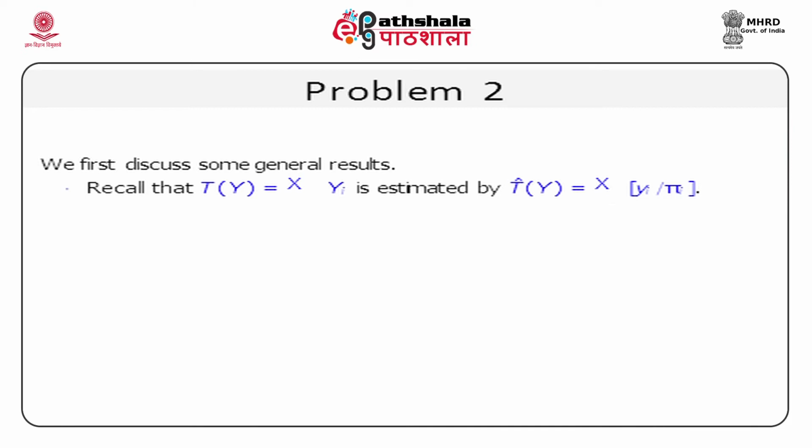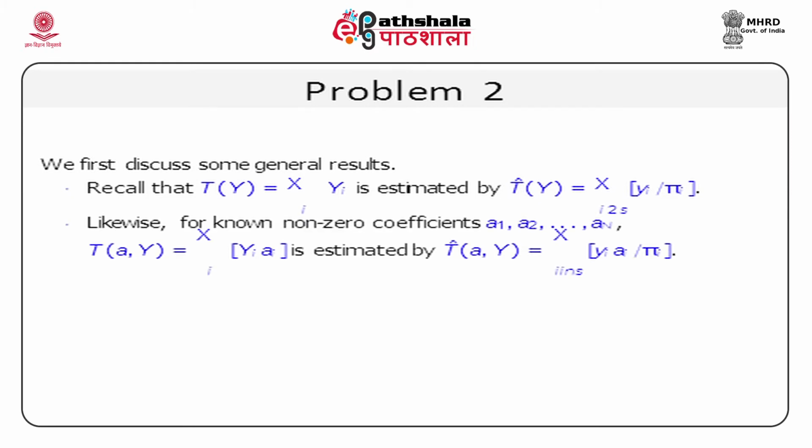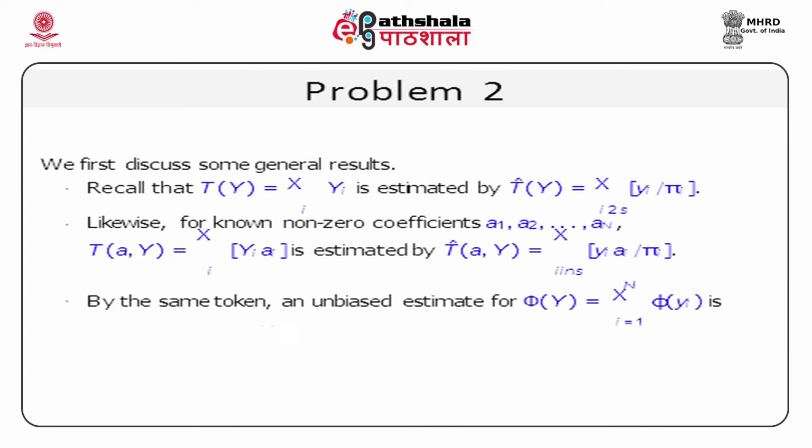Recall that the population total can be estimated by summing over I belonging to S, y I over pi I. Likewise, for known non-zero coefficients a1 through capital N, T of a comma y is equal to summation y I a I, and this is estimated by summation over all sampled units y I a I divided by pi I. Now, by the same token, an unbiased estimator for some function phi of y, summation small phi of y I, is given by phi hat y, which equals summing over the sampled units phi of y I divided by pi I. As you can see, these are all additive functions.